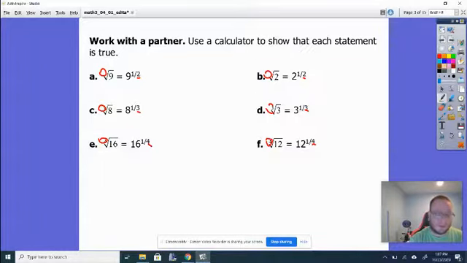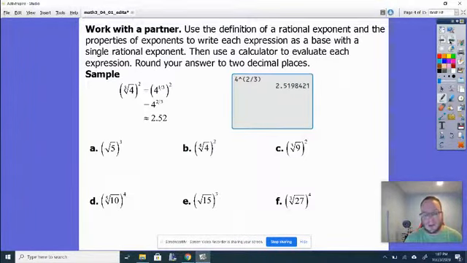But really what's happening is it's going on the outside. And anything to the first power is just that thing. Okay, so the idea here is if we have a third or a fourth or a fifth, then that's the root of our radical. Okay, and again, this is just double checking that that works for us.